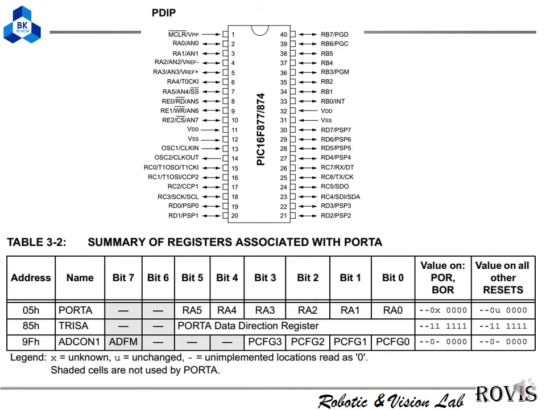Okay, so now we will proceed to make the input and output function, and let's take the example of port A. In the picture we can see that port A has 6 pins, from 0 to 5.